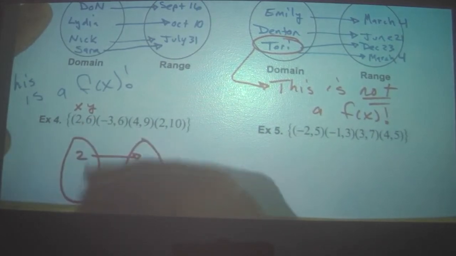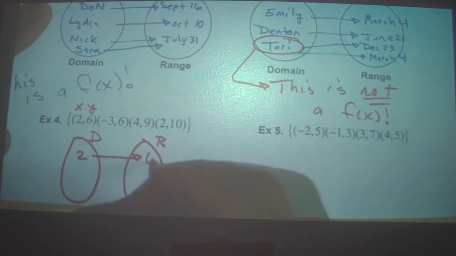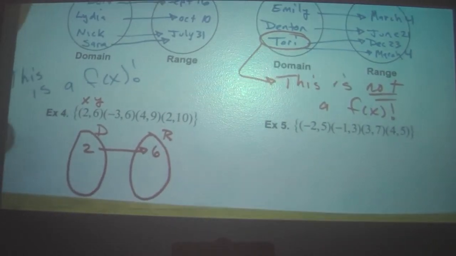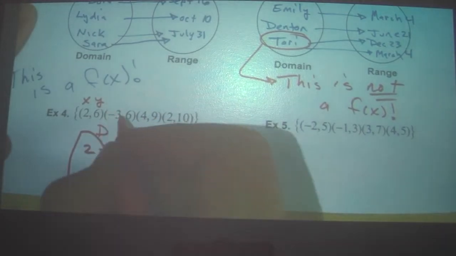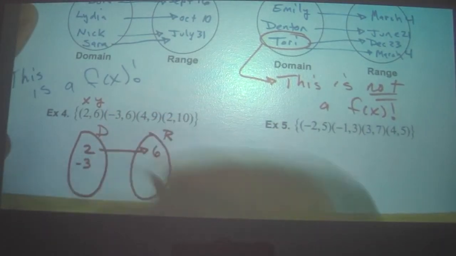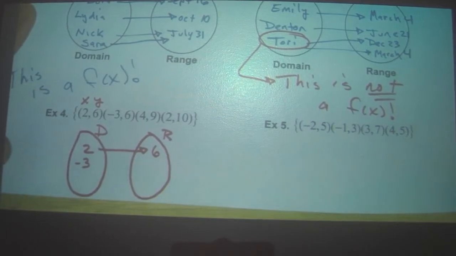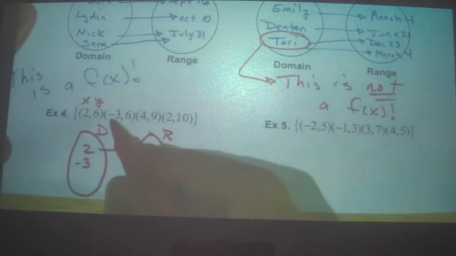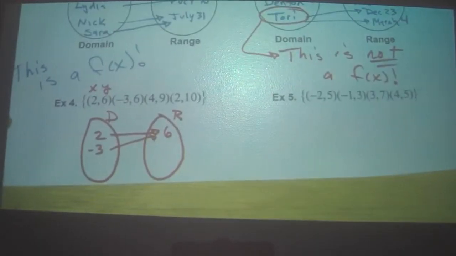So x and y, remember domain range. 2 goes to 6. So you write it 1 time. The next point, I have -3, 6. Now I have -3. Don't write a number twice. Once you write it in one of the bubbles, you don't write it again. So -3 goes to the same 6. Don't write another 6.